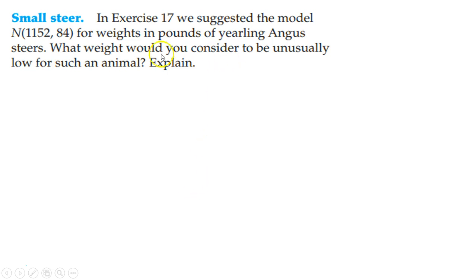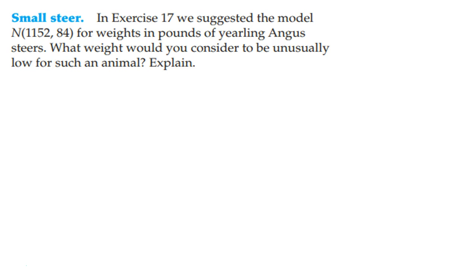In example 17, we suggested that the steers were normal, right? With this, that means the mean, and that means the standard deviation. All right. What weight would you consider to be unusually low for such an animal? So anything unusual would technically be over 2 standard deviations above or below.